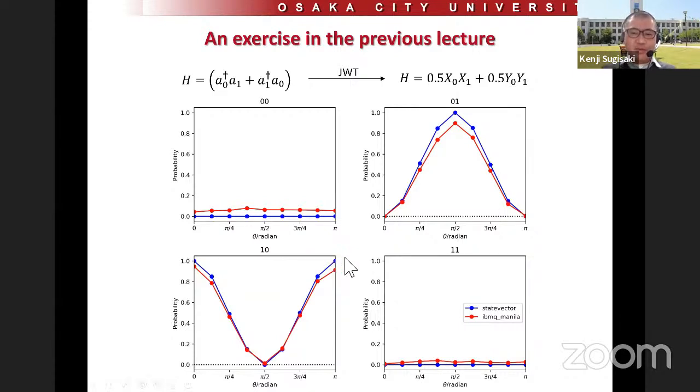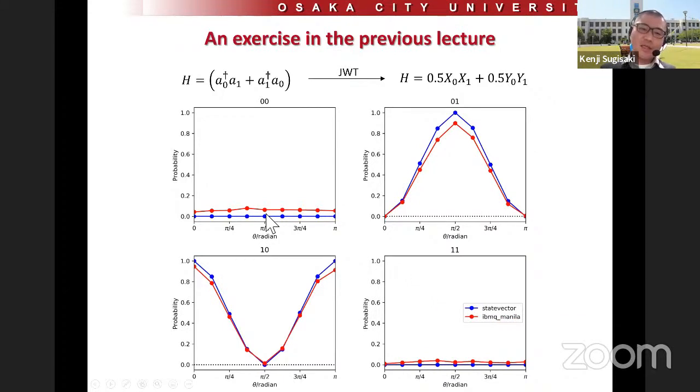But if we perform the same time evolution simulation on a real quantum computer, the result is something like this, the plot in red. This is the result I obtained from the IBM machine.